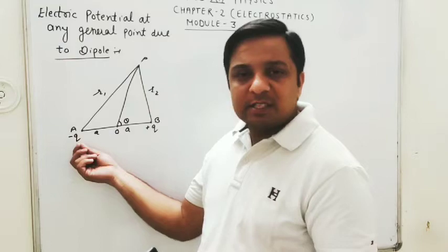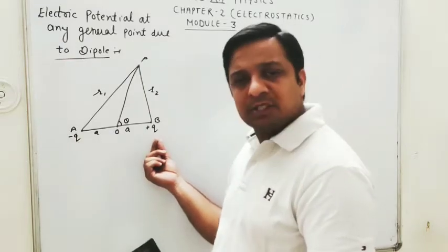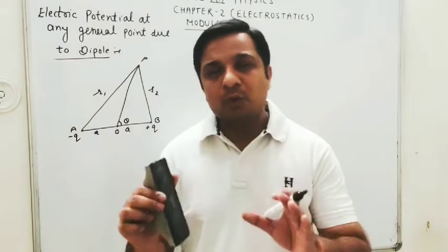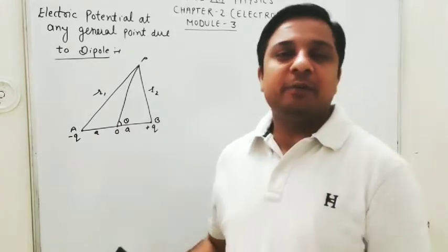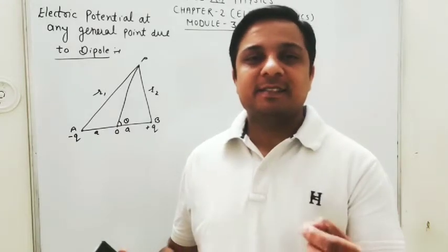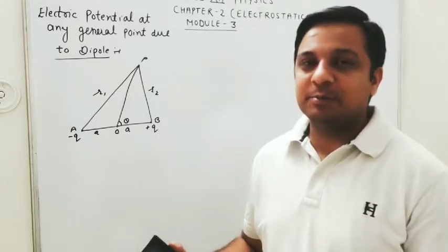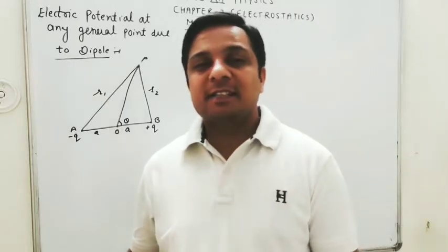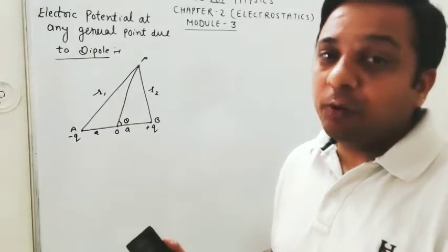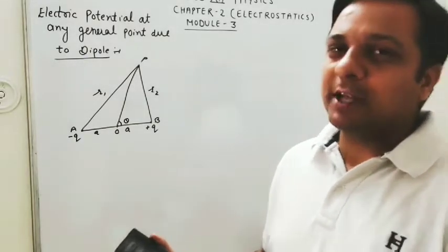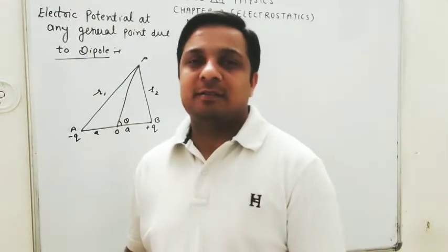There are two charges, minus q and plus q. You know very well, each and every charge has its potential at finite distance, because at infinite distance every charge has zero potential, and the formula of potential is kq by r.